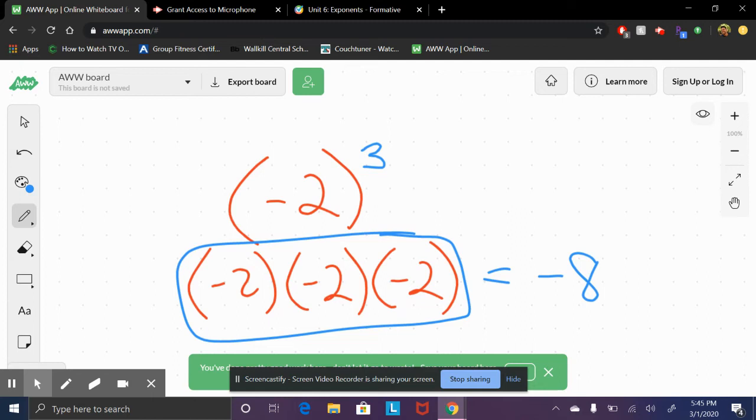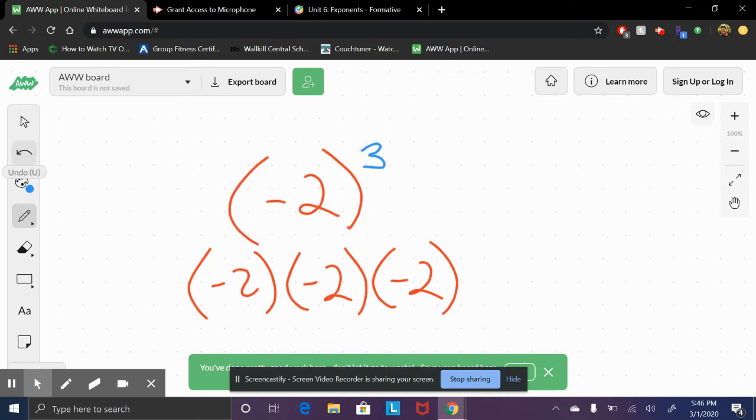It also changes where the parentheses are. For example, if I had -2 to the third, that looks like that.